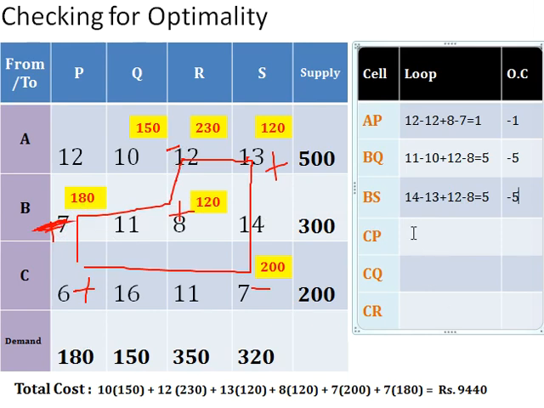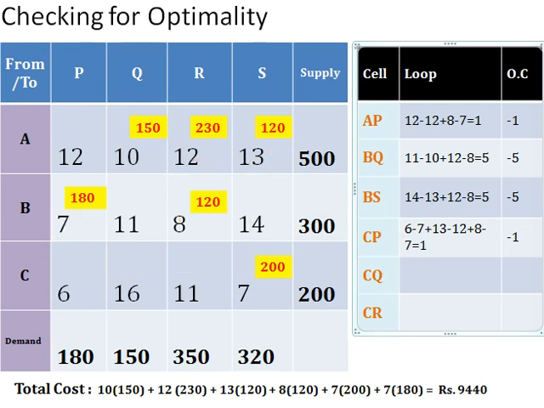So calculate the value for this unoccupied cell. 6 minus 7 plus 13 minus 12 plus 8 minus 7. So the summation we obtain here is 1, and their opportunity cost will be minus 1.